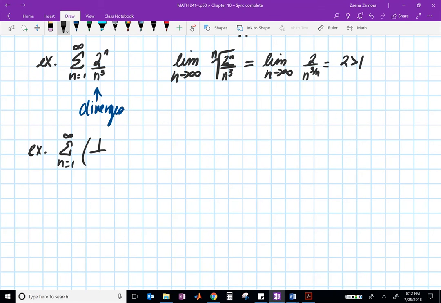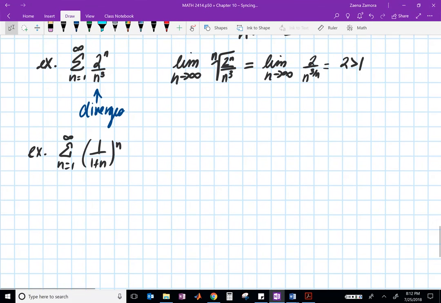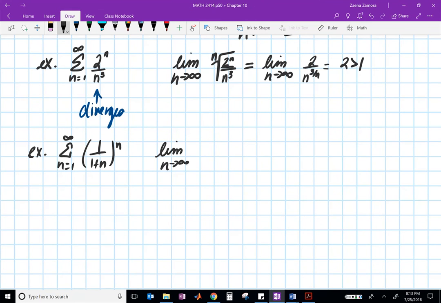1 over 1 plus n to the nth power. Can't we just distribute the n and just get everything like that? Well, I want you to do this test. It's much easier if you do this test anyways. Because what's going to happen with the n's? They cancel.